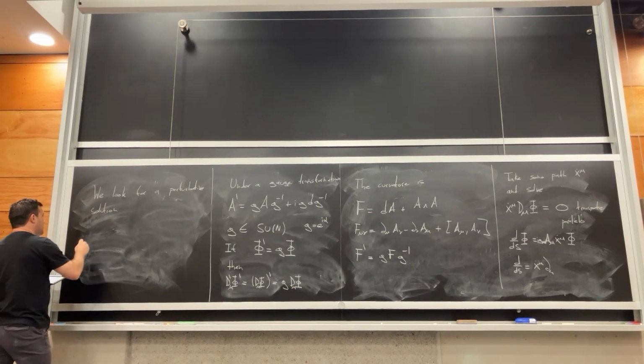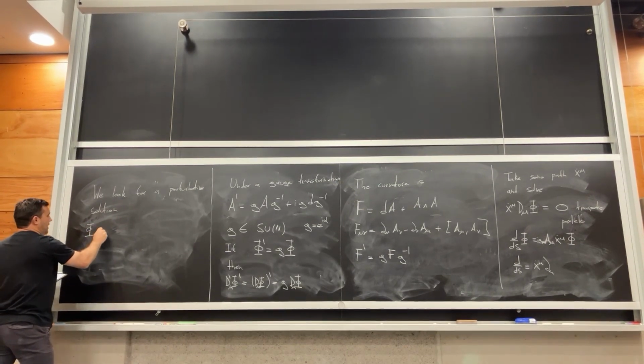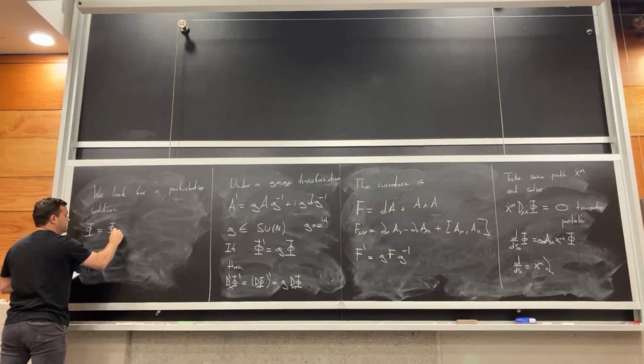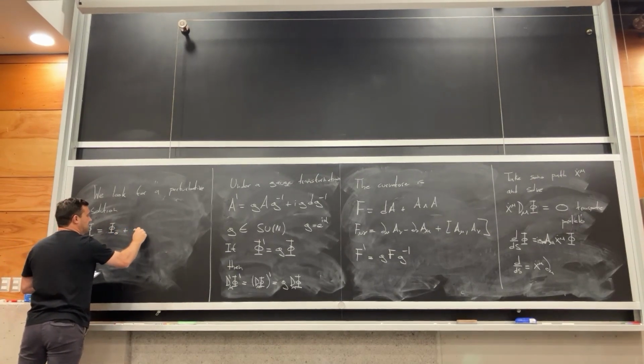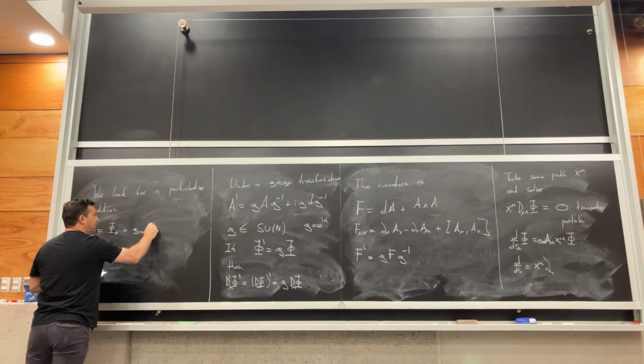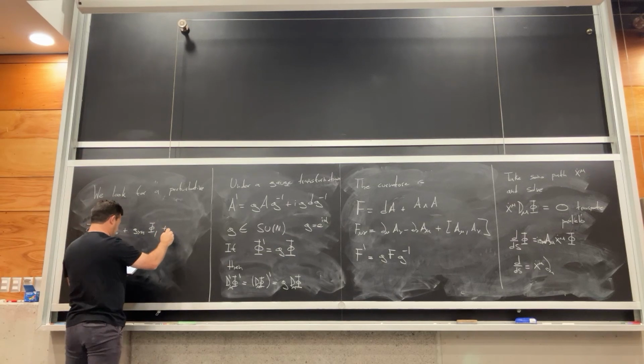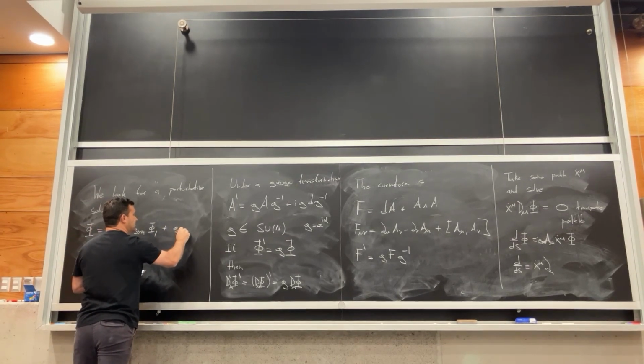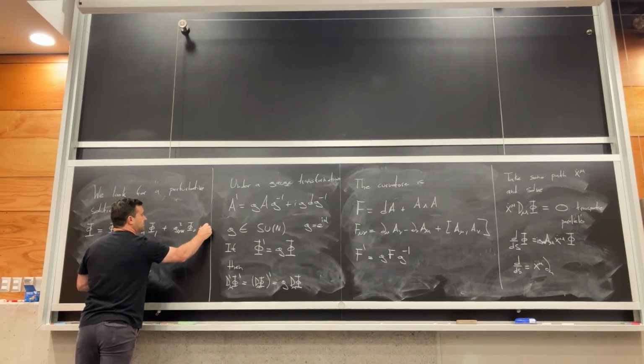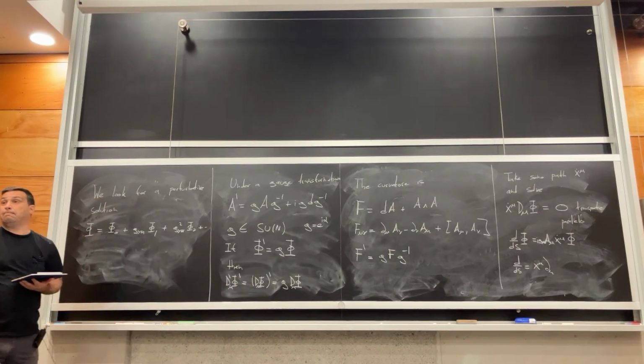I will write phi as some phi 0 plus g Yang-Mills phi 1 plus g Yang-Mills squared phi 2 plus dot dot dot, right?